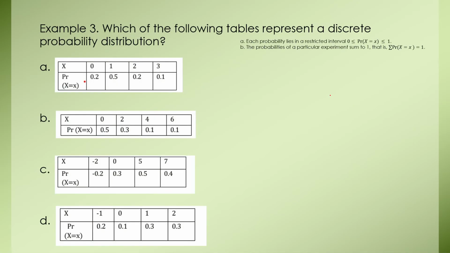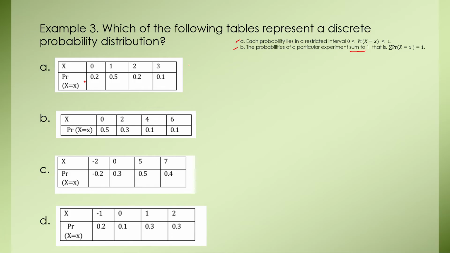Next, let's proceed. Which of the following represent a discrete probability distribution? We have to take note of these two characteristics. The first one is that each probability should lie in the closed interval 0 to 1, and the probabilities of a particular experiment should sum up to 1.